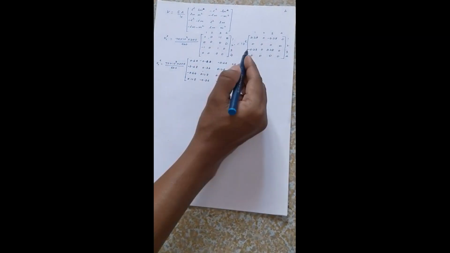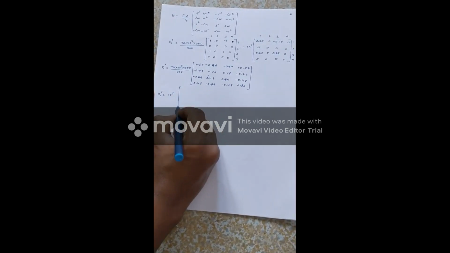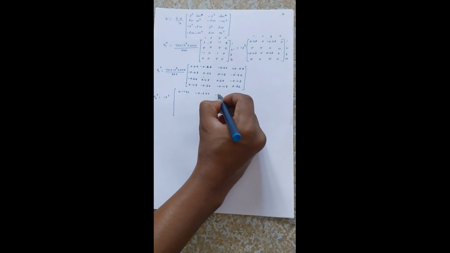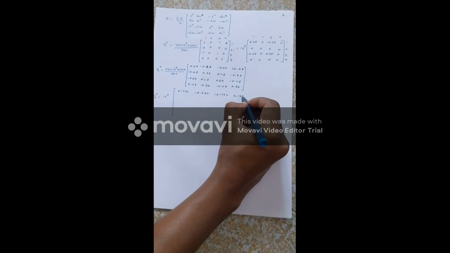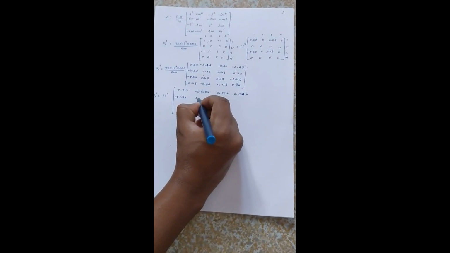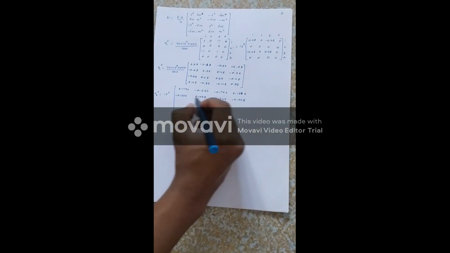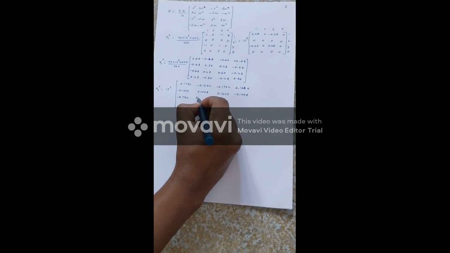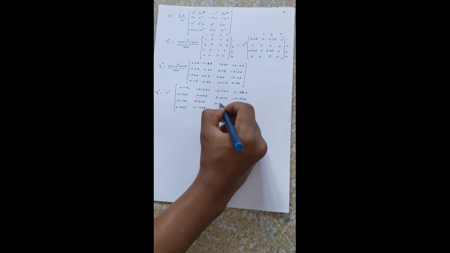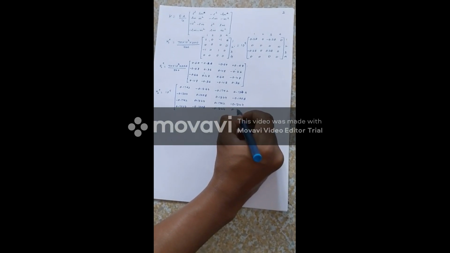So if we simplify this the same way as we did for element 1, the element stiffness matrix for element 2, keeping 10 power 5 outside, can be represented like this: 0.1792, minus 0.1344, minus 0.1792, 0.1344; minus 0.1344, 0.1008, 0.1344, minus 0.1008; minus 0.1792, 0.1344, 0.1792, minus 0.1344; 0.1344, minus 0.1008, minus 0.1344, 0.1008.